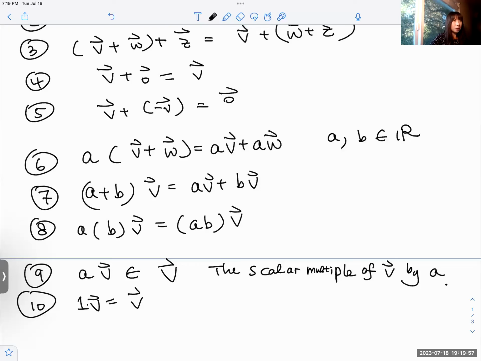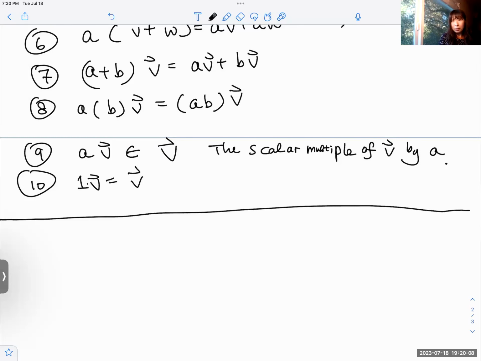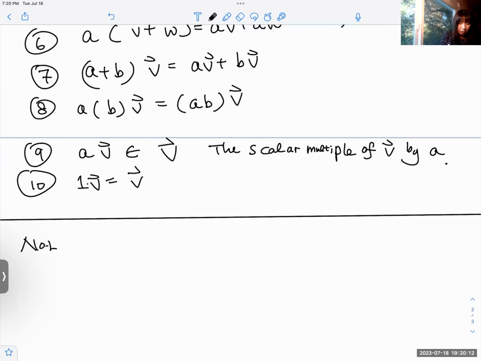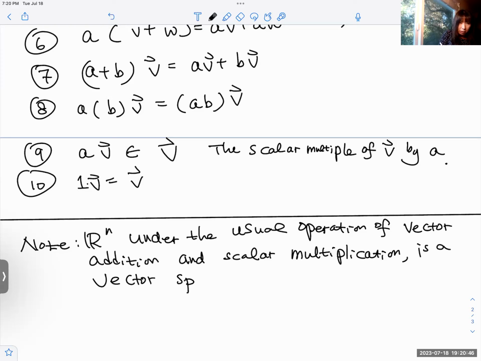Let me denote this one as a note: Rn under the usual operations of vector addition and scalar multiplication is a vector space.